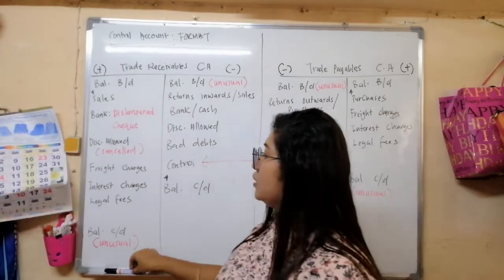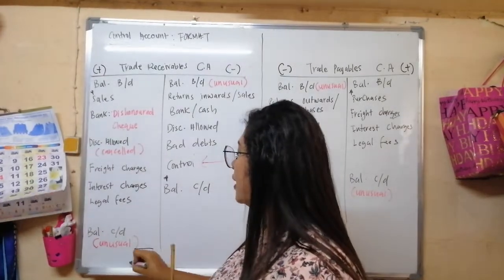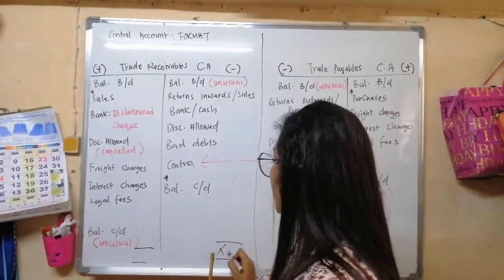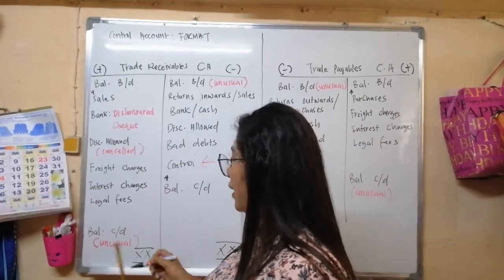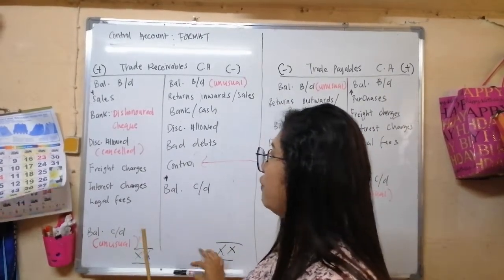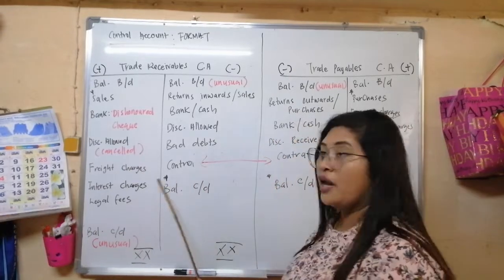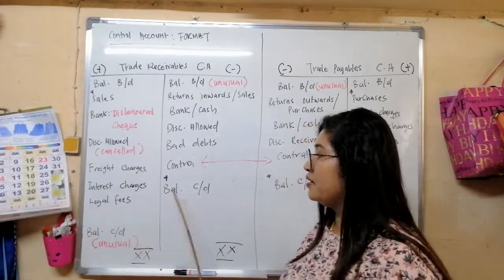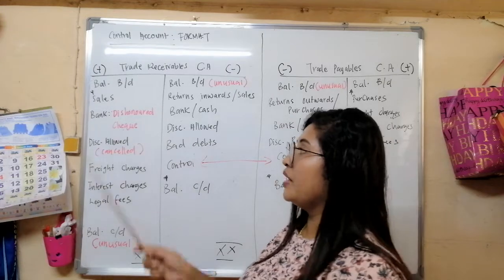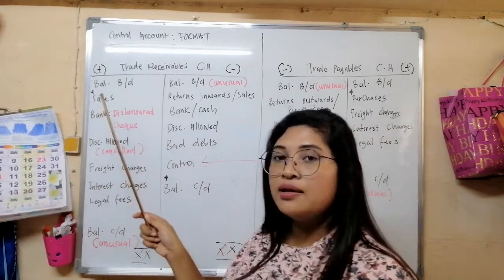Okay, so at the end, we need to calculate. So there are two possibilities the question asks us to do. Okay, either we need to find how much is our balance carried down, or sometimes the question will ask how much is our sales.